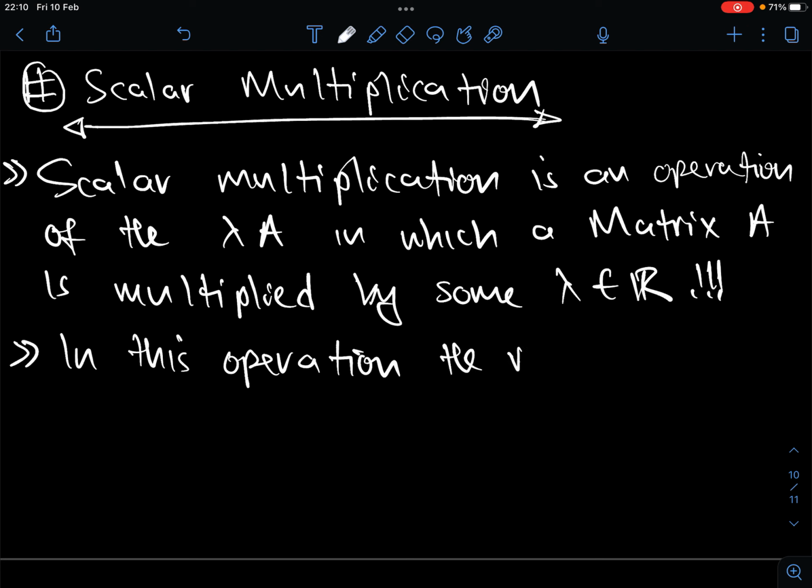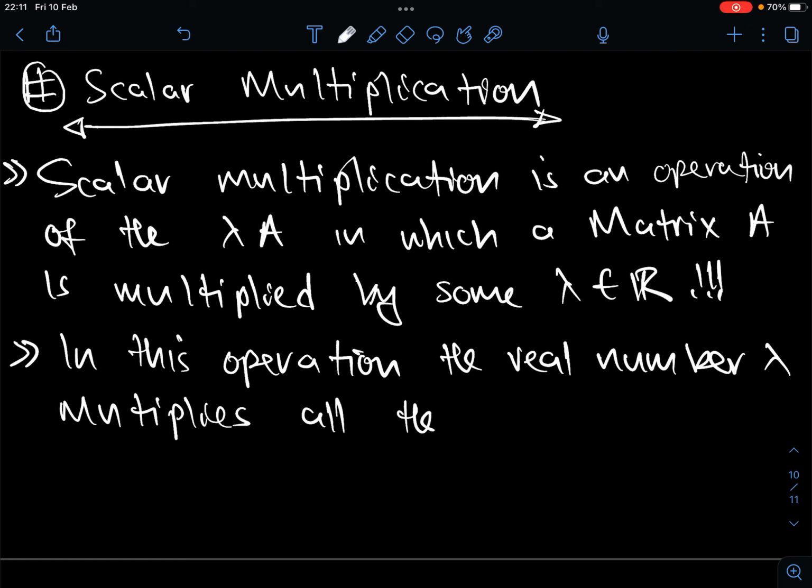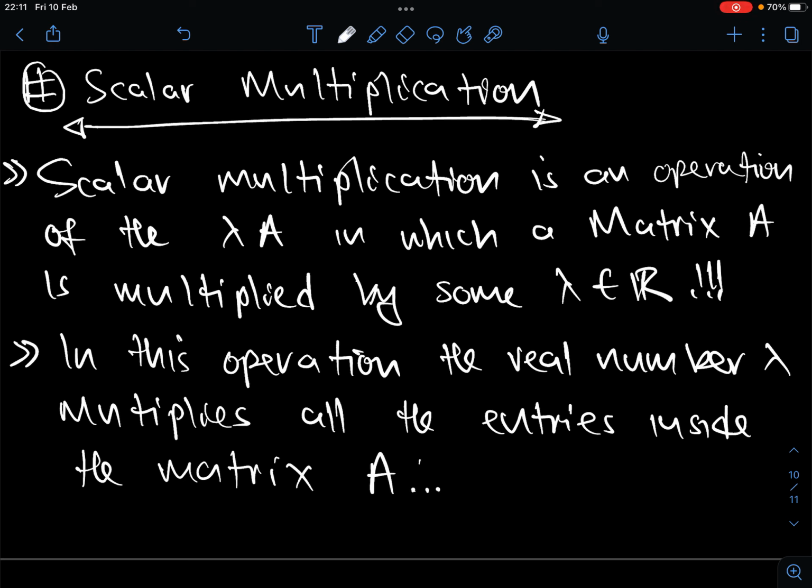In this operation, the real number lambda multiplies all the entries inside the matrix A. So how it works is that every time you multiply a particular matrix by some real number lambda, that real number enters inside the matrix and multiplies every entry of that matrix by that number.